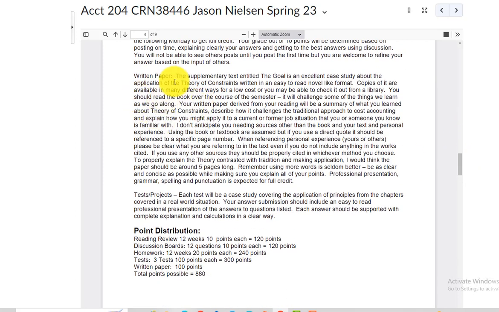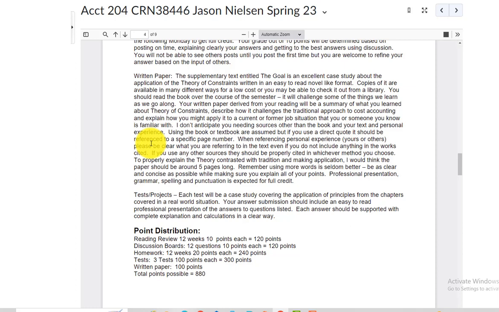All right, as we mentioned earlier, the supplementary book, The Goal, we are going to write a paper about that. That's going to be due at the end of the semester. It's going to be written according to this description. It's going to ask some questions, some things that will help you to write your paper.